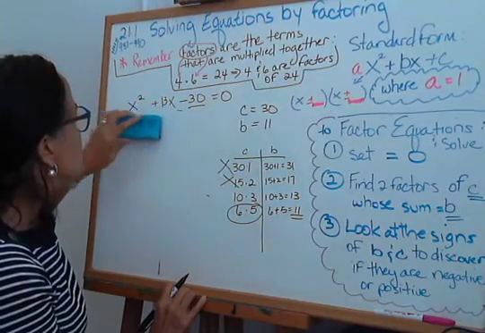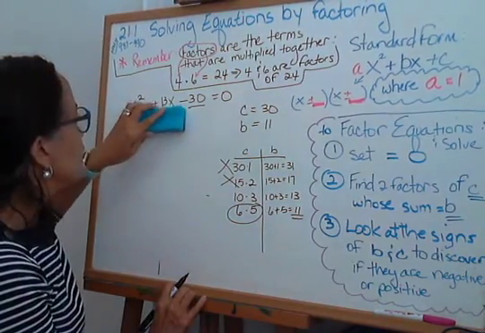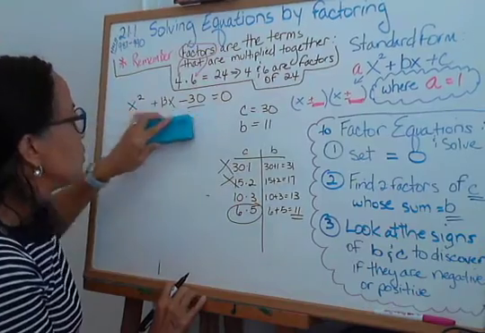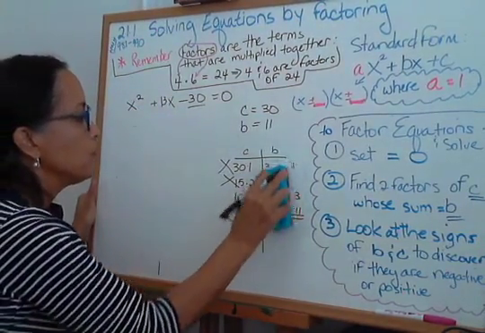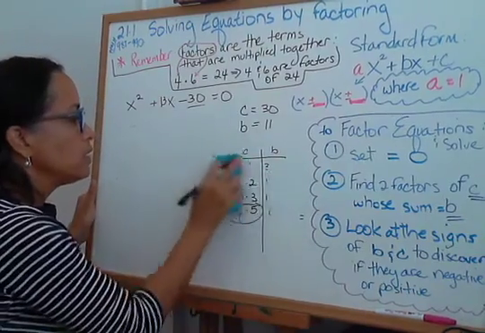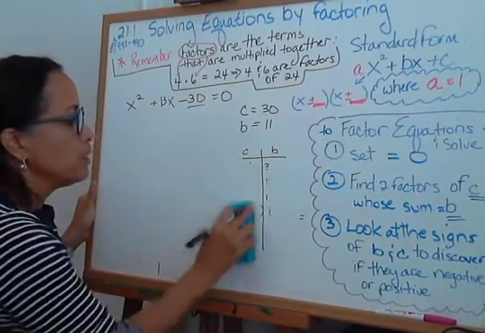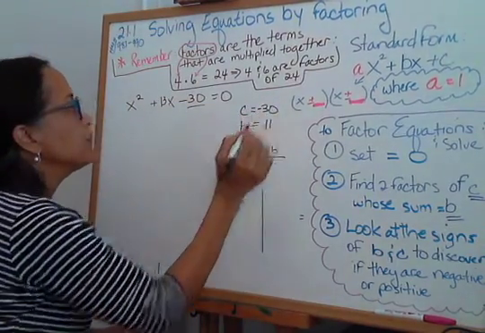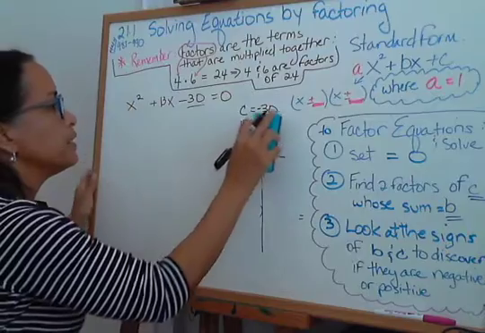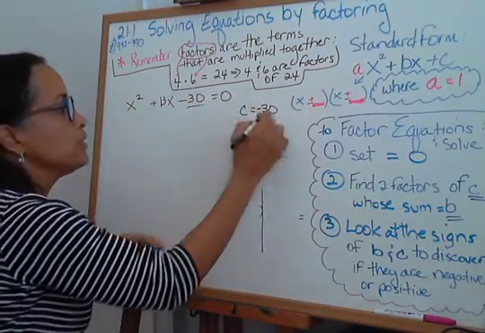Well, first of all, I have to identify what b and c are. Well, c is no longer 30, it is now negative 30. So let me correct that. C is now negative 30, and b is no longer 11, b is 13.